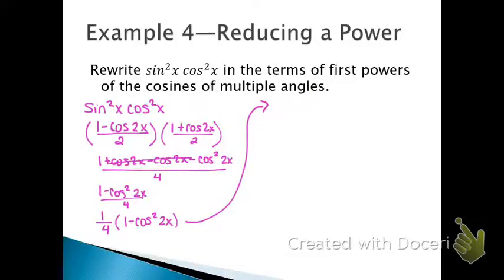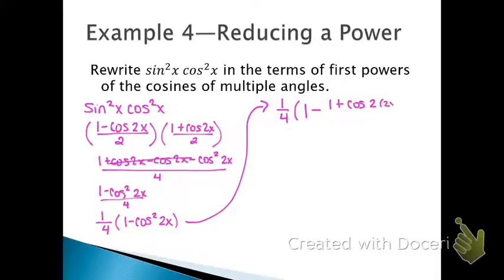All right. But I still have a cosine squared, so I can do the same thing again. So I'm still going to keep my 1/4, my parenthesis, 1 minus, but how can I rewrite that cosine squared of 2x? 1 plus cosine of 2u, you said u, but what is my u in this case?